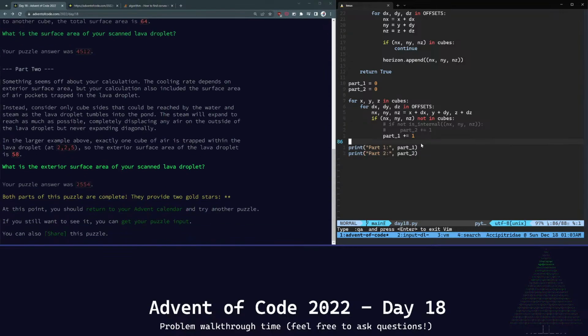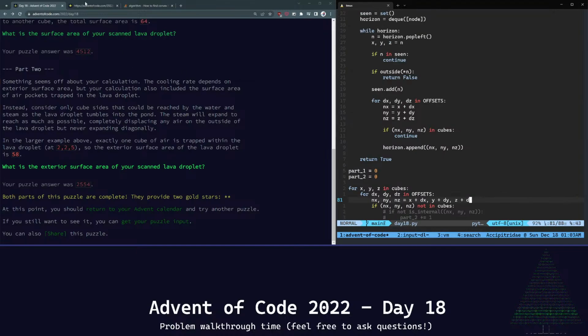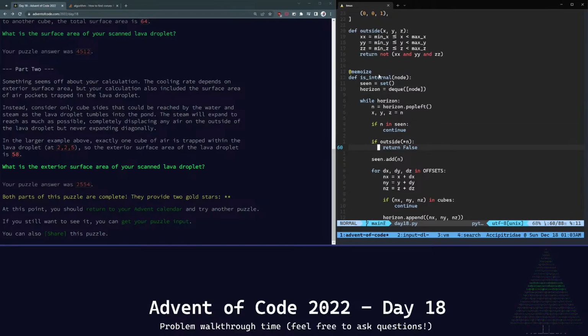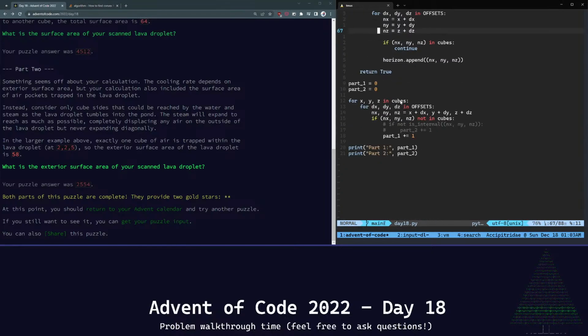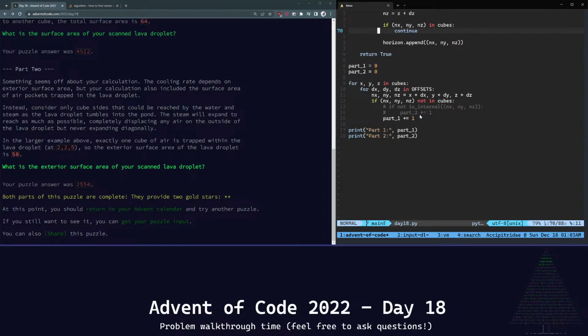I'm not sure if this was the easiest way to do it. It probably was, given the rate at which people were solving the question. But when looking at a potential face and trying to determine whether it's inside or outside, what you can do is just do a graph search from that location and try to get outside of the cube.